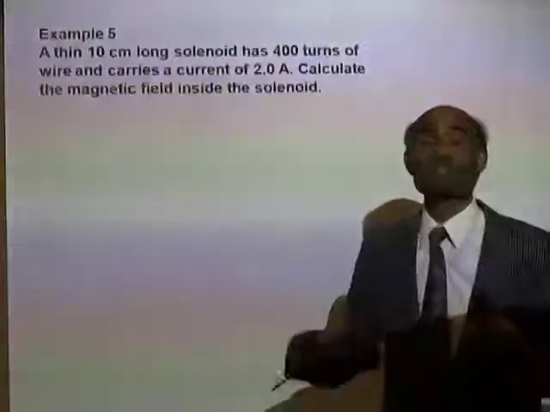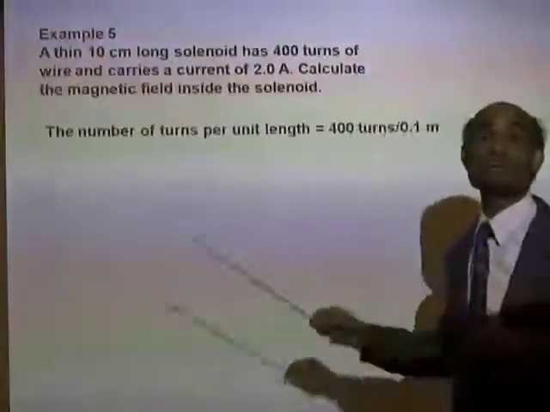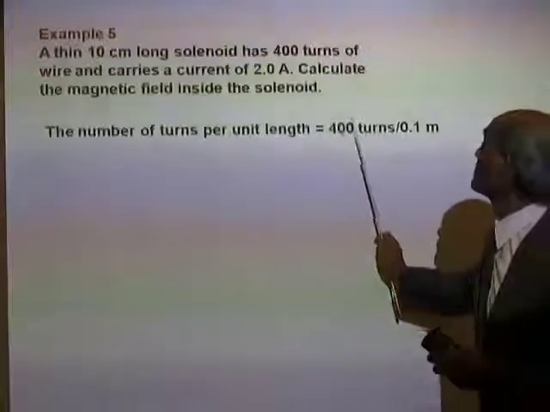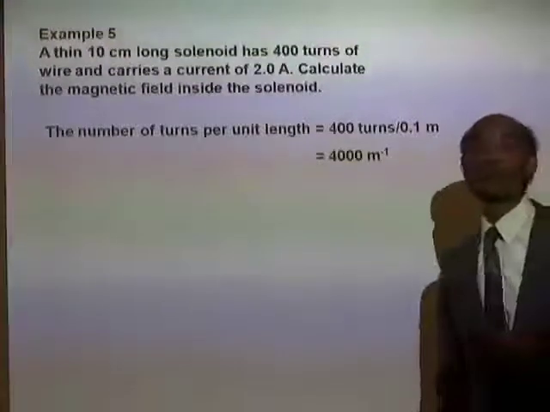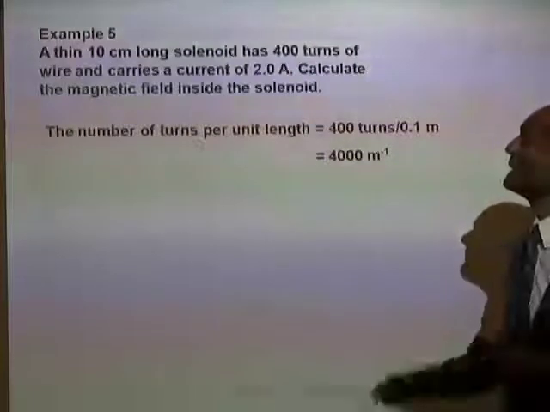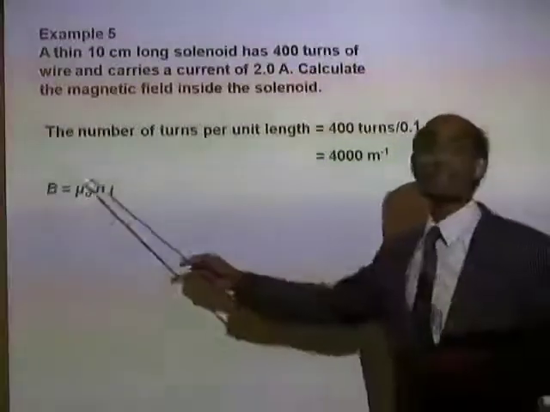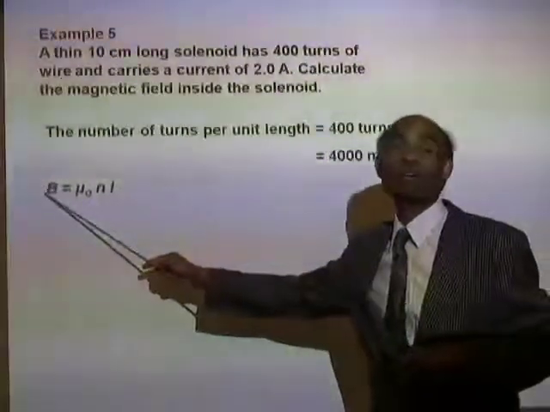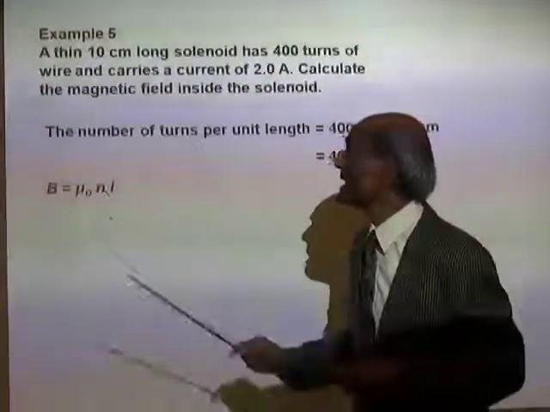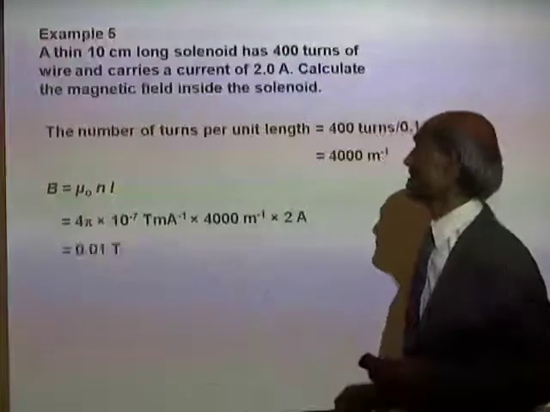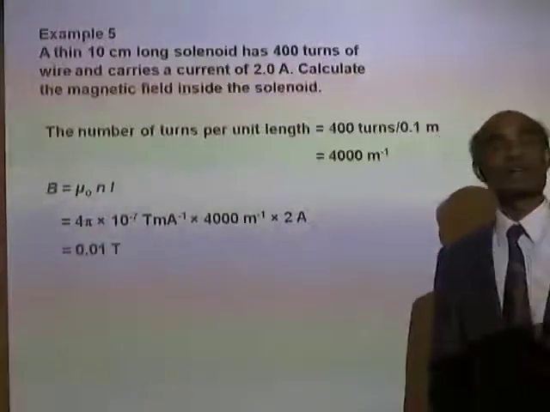Therefore, what is the number of turns per unit length? It is the number of turns divided by the length, and that will be 4,000 turns per meter. And now we can use that formula right away. B, the field inside that solenoid, is mu 0 n I, and that will be 0.01 Tesla.